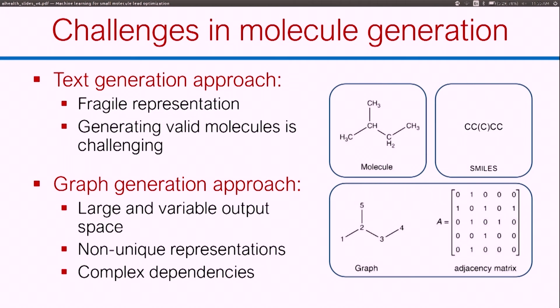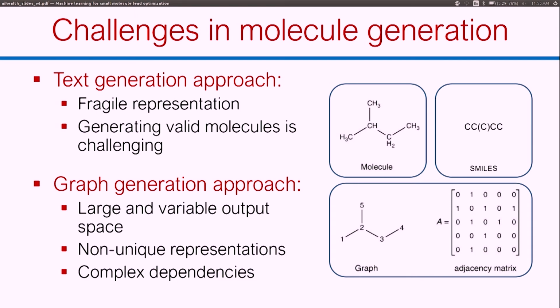And so there has been some recent work, actually a lot of work, on molecule generation. A lot of research has been done using a text generation approach, where you represent a molecule as a special text sequence, and then you use text generation models to generate these sequences. The issue here is that a text sequence is pretty fragile, right?